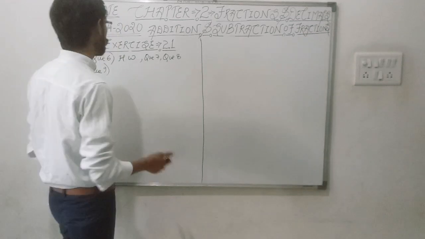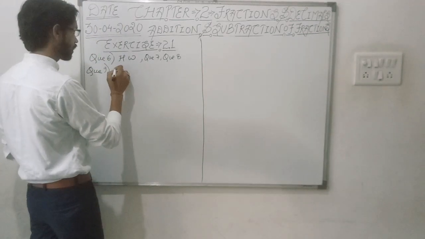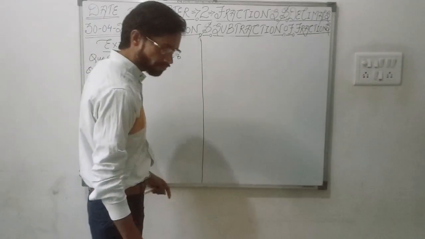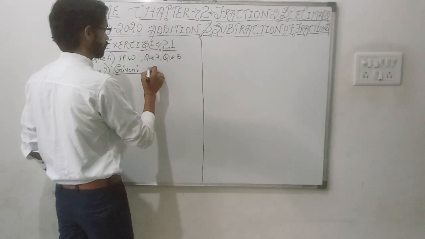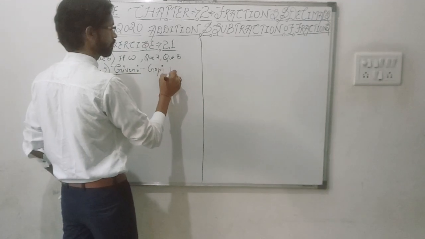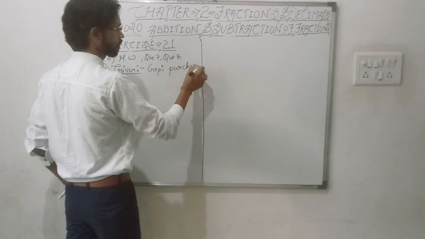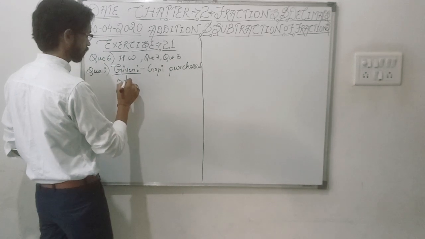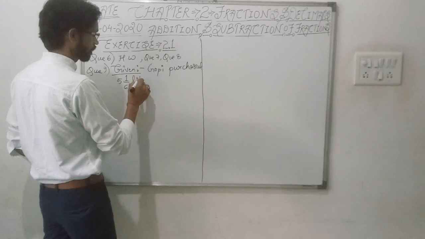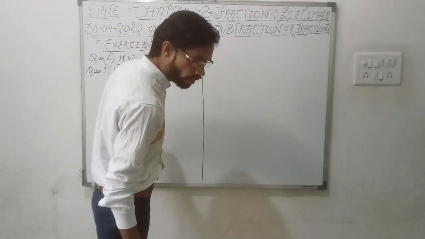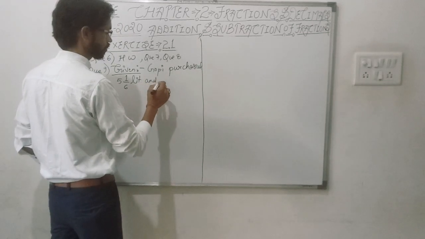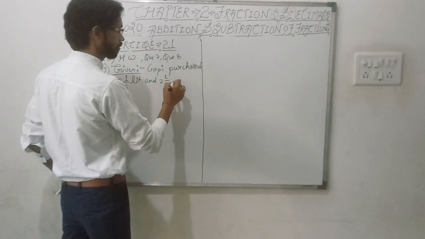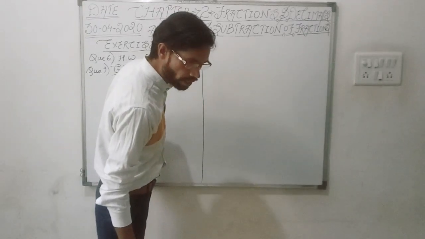Okay, then what I will do, first of all I'll write down what is given in the question. It is given that Gopi purchased 5 right 1/6 liters of milk from one shop, and that is 2 right 1/3 liters of milk from another shop.